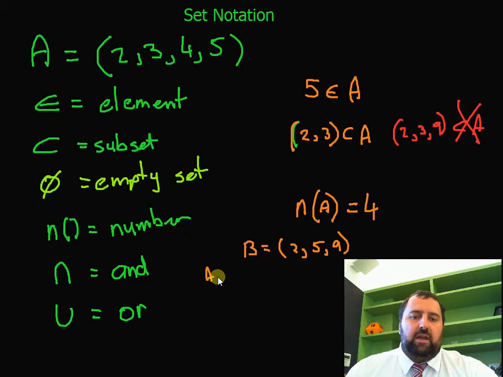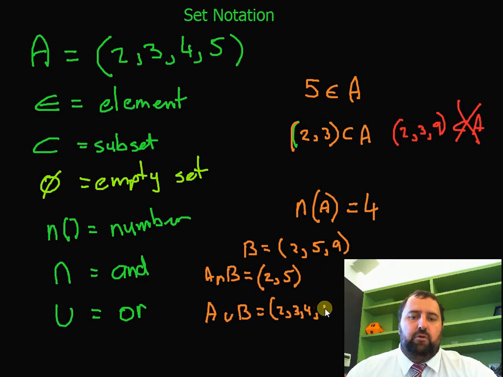In that case, A ∩ B is anything that appears in both sets. So 2 and 5 appear in both sets, so I can write 2, 5. If I have A ∪ B, then it's anything that appears in either set. So I have 2, 3, 4, 5, and 9 in that group.